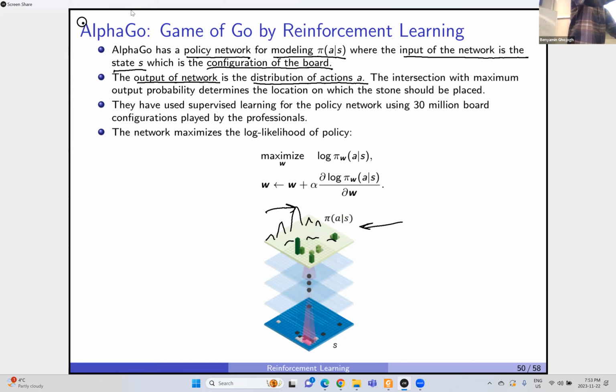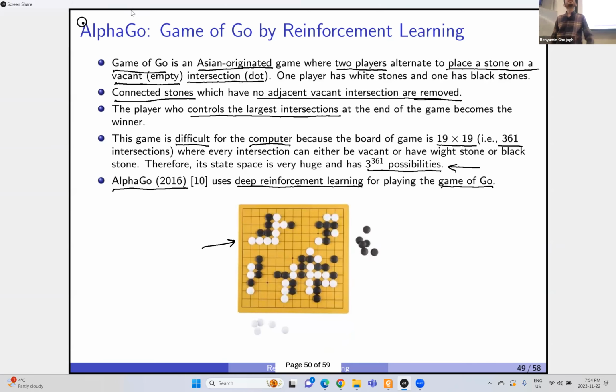They have recorded how the professionals play the game in Asia. They have 30 million board configurations, 30 million cases where the professionals have chosen the action. But 30 million is small for this number of states. This is the best that they could do.